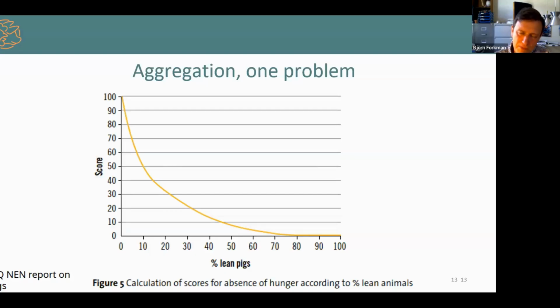So the more lean pigs you have, the less is the importance of each additional pig. When you ask experts, this type of curve is almost always the one you get. This example is fetched from the Welfare Quality report on pig welfare, the protocol for assessing pig welfare.